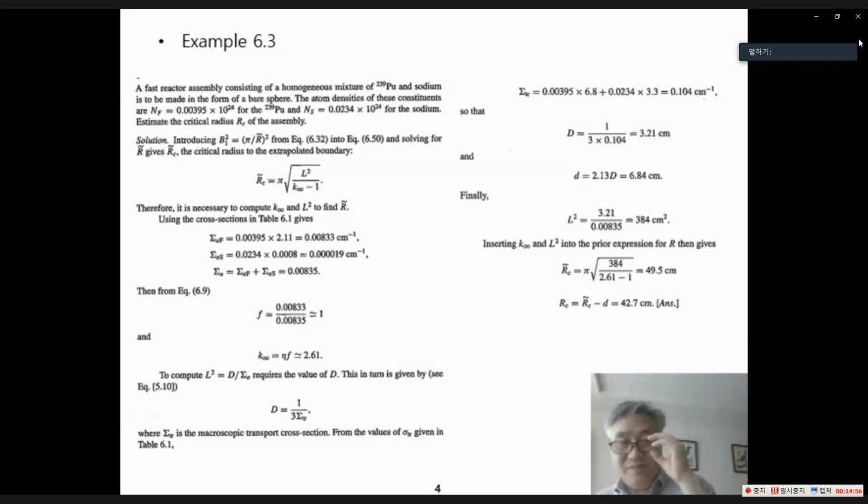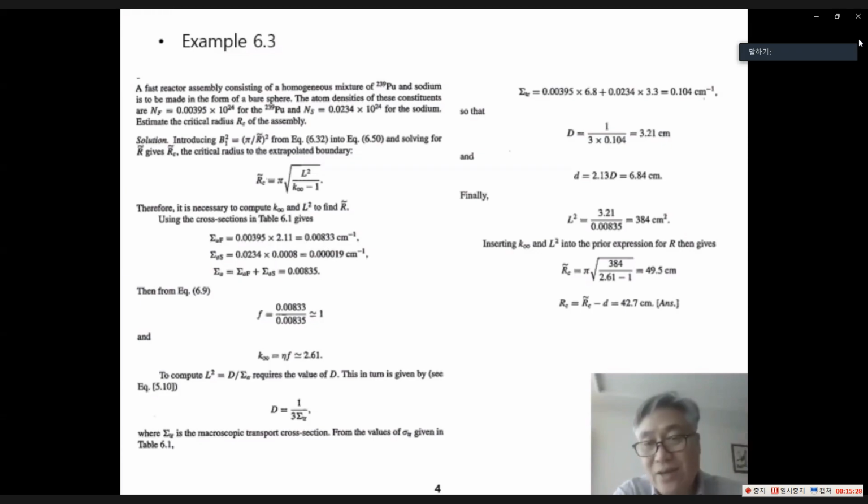So in the criticality buckling equation, when we know the material property, we can calculate the right-hand side, and then we calculate RC. In this example, we didn't read the value of D from the lookup table. Instead, we calculated D from the value of the transport cross-section, 1 over 3 sigma TR.